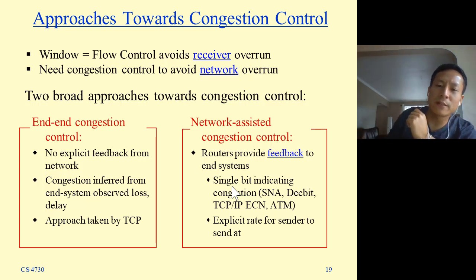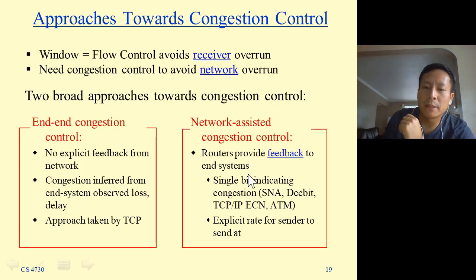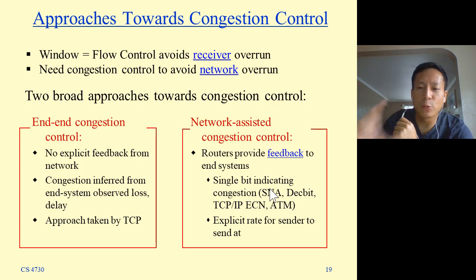Whenever the end host sends out a packet, it will be marked in that bit by the router and received by the end host, right? The other side. And then if the end host sees that, okay, this bit is marked, it means that some congestion is happening, so I will reduce my sending rate. How to reduce my sending rate? You still remember? I can reduce the sending window size, and the rate will go down.